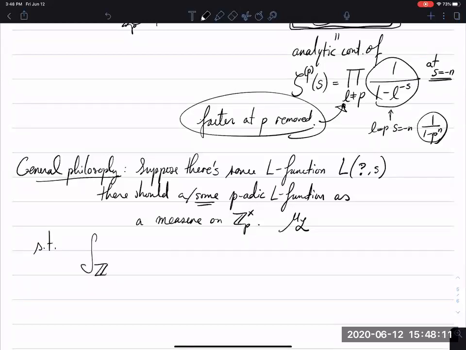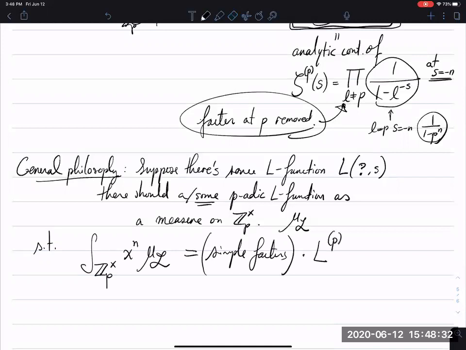If you integrate on Z_p cross the characters x to the n, mu_L, this will be equal to some simple factors times your L function, but not quite the L function.